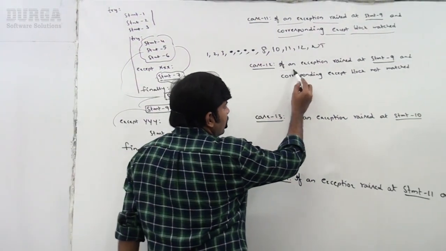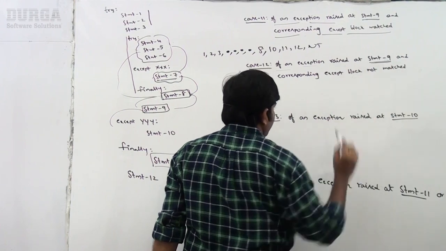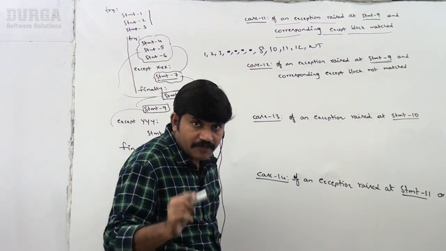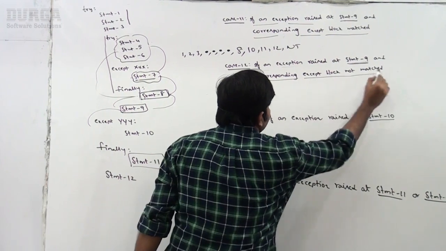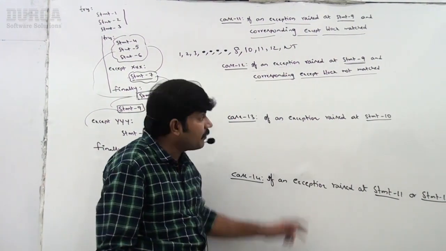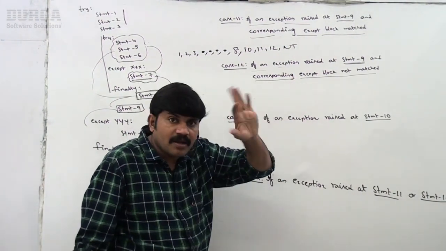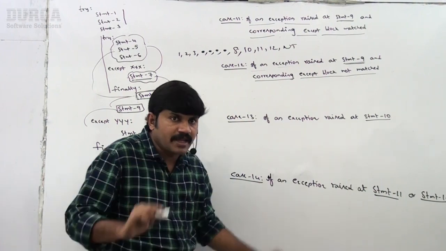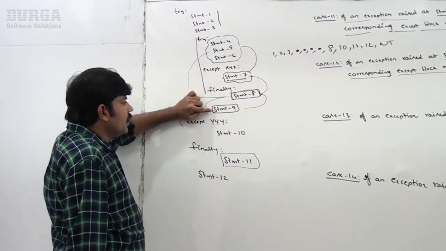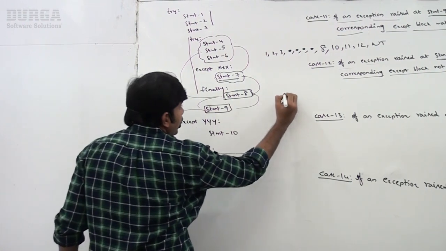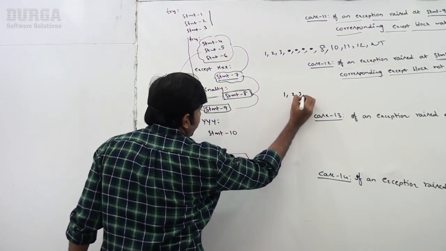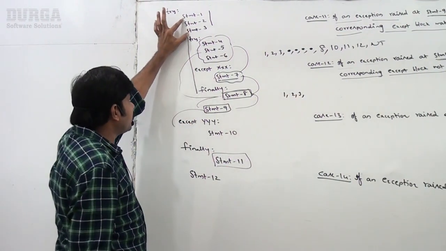If an exception is raised at statement 9 and the corresponding except block is not matched, what will happen? How does the control come to statement 9? Just now I told you 1, 2, 3 should be executed.